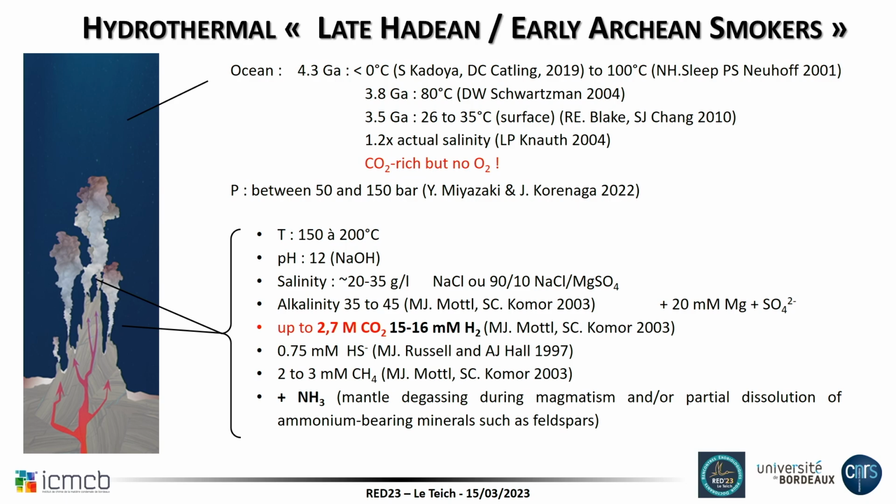Salinity was a little bit higher, but if you want to run an experiment in this condition, of course you get rid of oxygen because there was no oxygen at this time. Oppositely, the water was much richer in CO2 due to the residual pressure of CO2 in the atmosphere. Pressure was probably a little bit lower than black smokers, simply because the continents were not completely formed. It was an early crust.